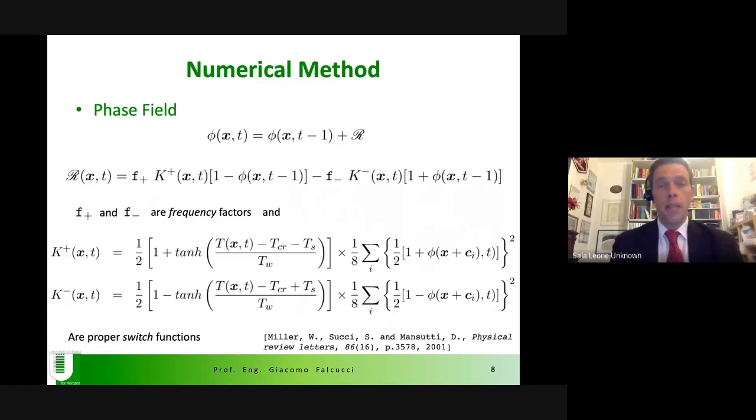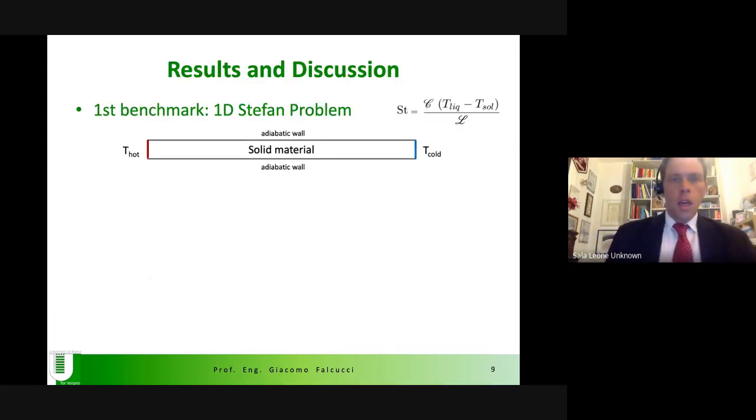This complicates the simulation very much, because it leads to the formation of a mushy zone between the liquid and the solid part with different temperature distribution and different physical properties. We have to address all these issues.